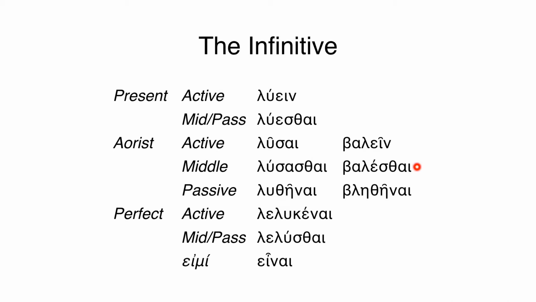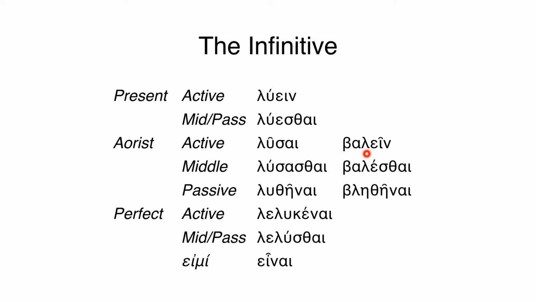Now these forms next to these represent second aorist forms. The second aorist, as you will recall, is formed by the aorist stem but with present infinitive endings. So ballo with two lambdas is the present stem for this verb.